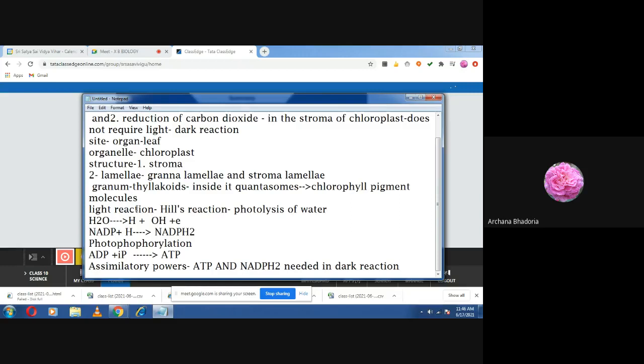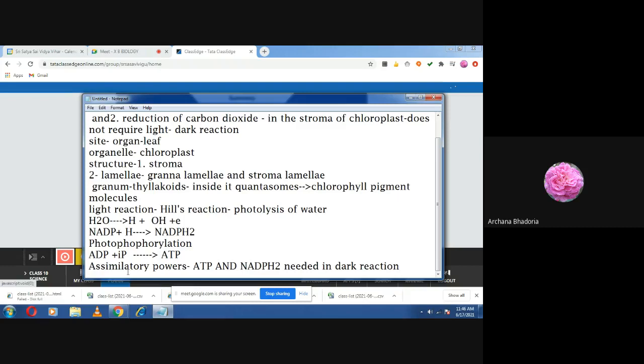And light reaction will give you what? ATP and NADPH2. And they are known as what? Assimilatory powers. And what is the use of these assimilatory powers? They will help in the reduction of the carbon dioxide. Is it very clear now? Yes, ma'am.